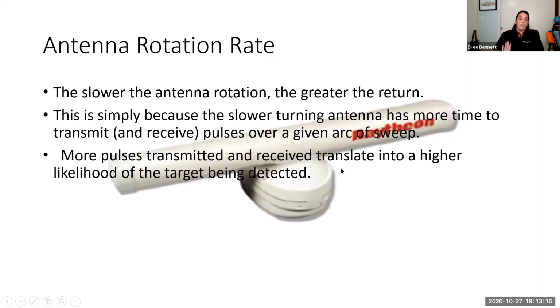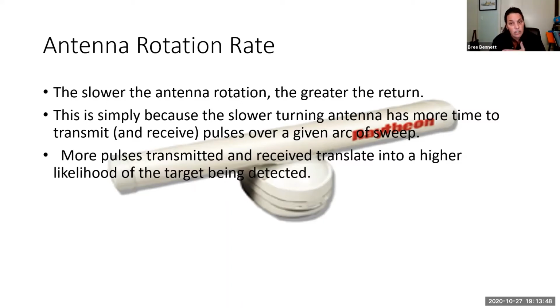Anyways, this is going to be one of our last ones here: the antenna rotation rate. We had a lot of rates and frequencies and speeds here, right? This is another one. The slower the antenna moves, the more time, and this is all in microseconds, that it has to get a return echo.